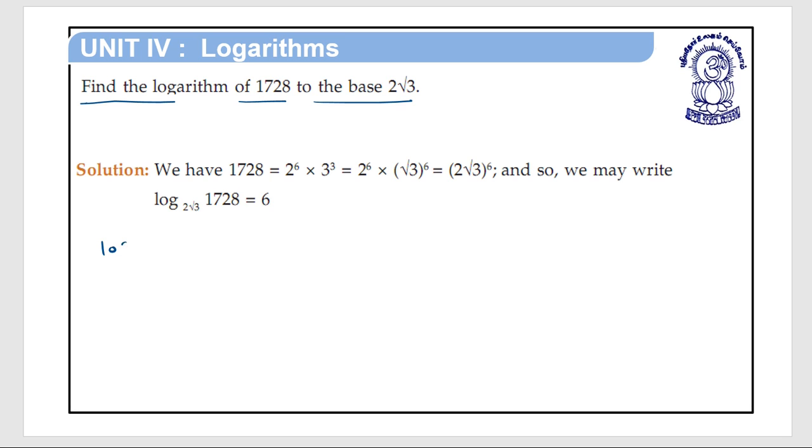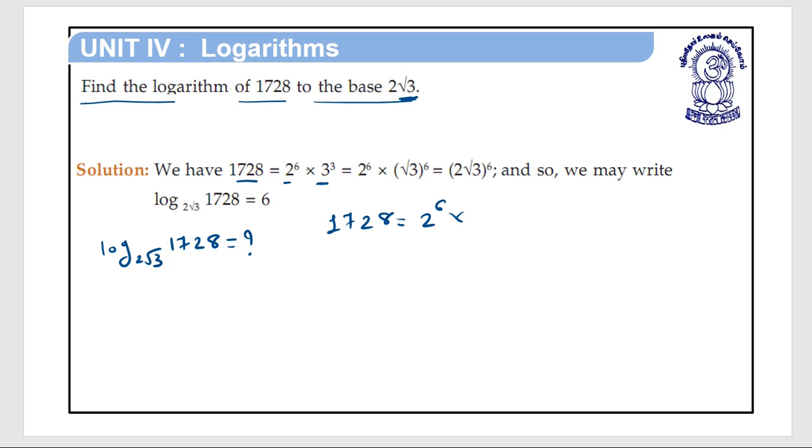So we can write log of 1728 is equal to how much? Here 1728 convert into the smallest form, or in the form of 2 and 3. 2 raised to 6 into 3 cube. In the same way, 2 raised to 6 into square root of 3, because we require root 3. Root 3 raised to 6.